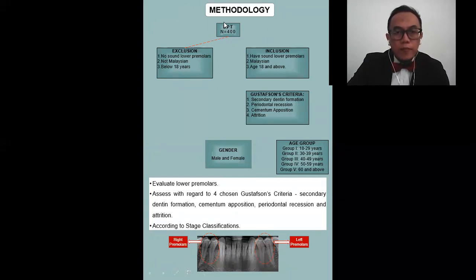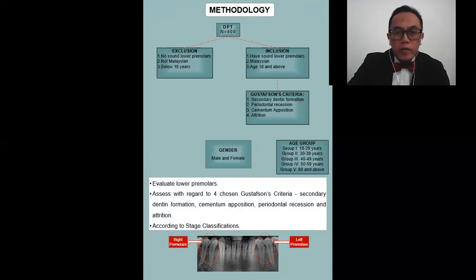So I have 400 sets of DPT, or dental panoramic tomographs. If the patient has sound lower premolars, is Malaysian, and aged 18 years and above, I include them in this project.